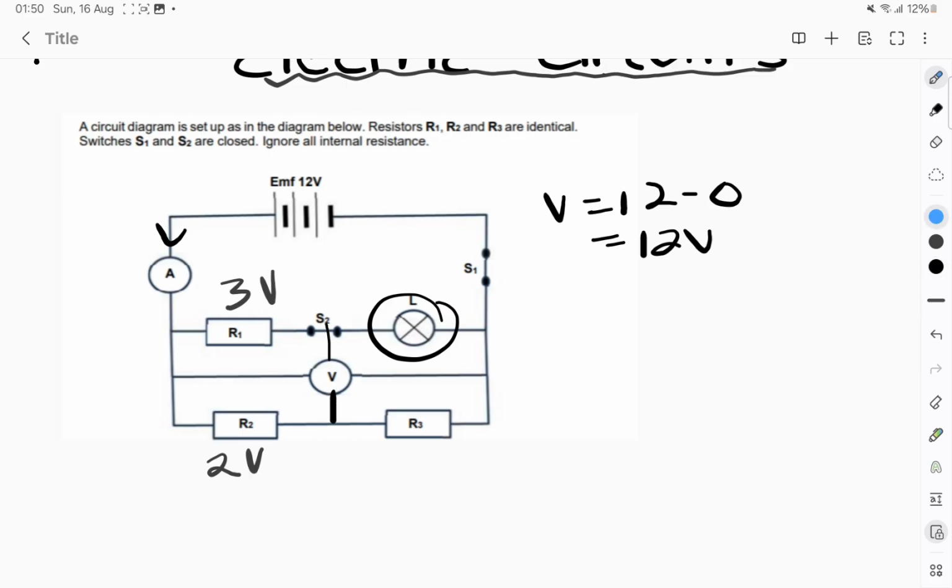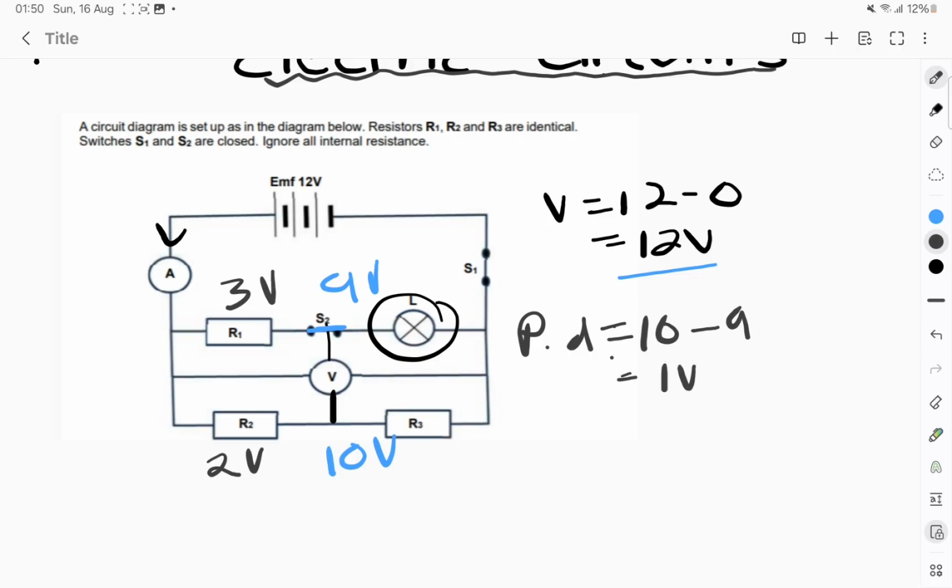If these were our values, okay, and now I know that in each branch it's 12 volts, the voltage passing through here is going to be 9V, the voltage passing through there is going to be 10V, okay, and I know that my potential difference is going to be 10 minus 9, which is 1V.